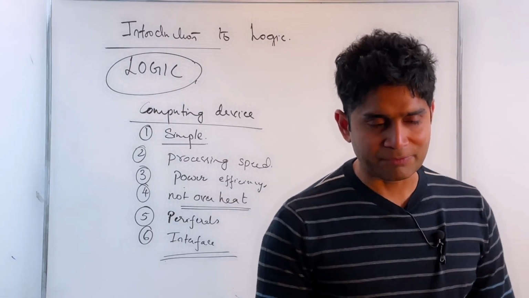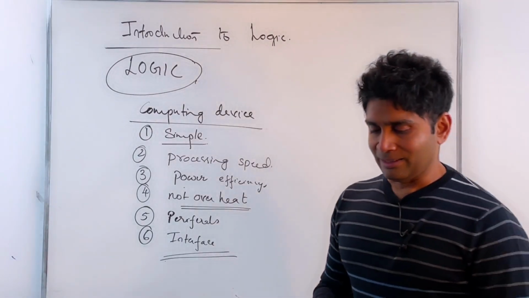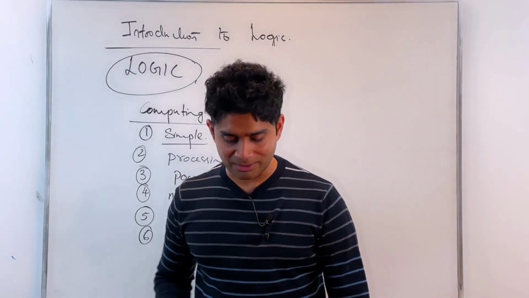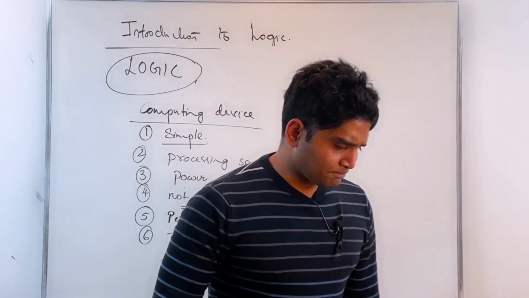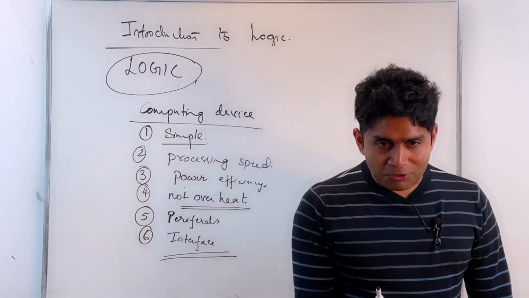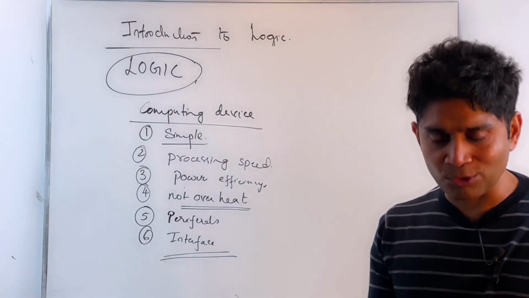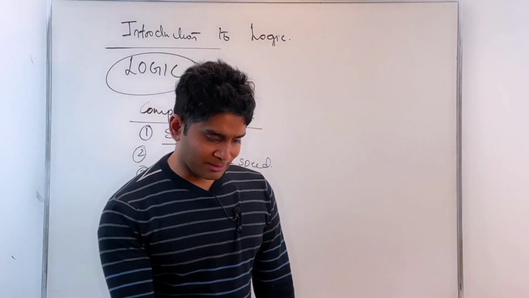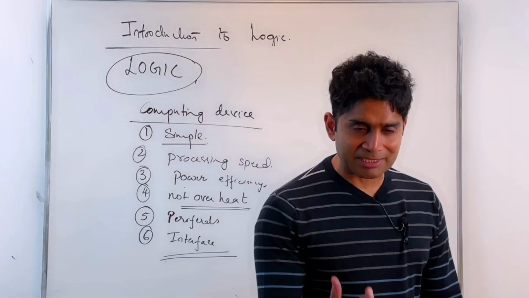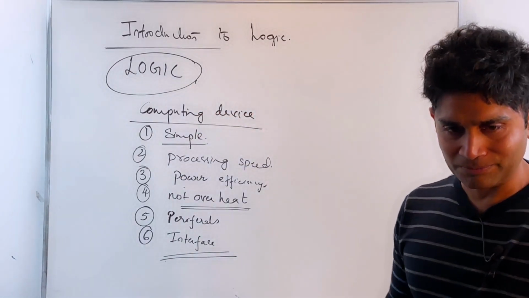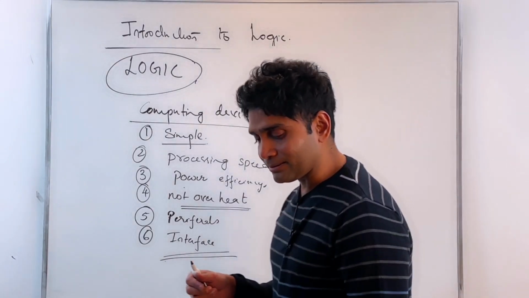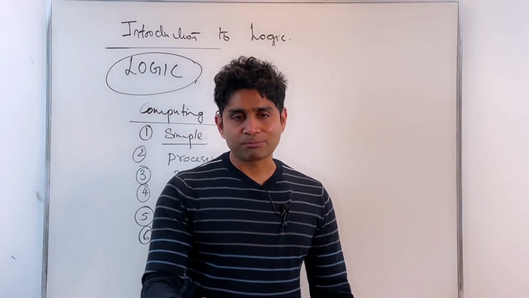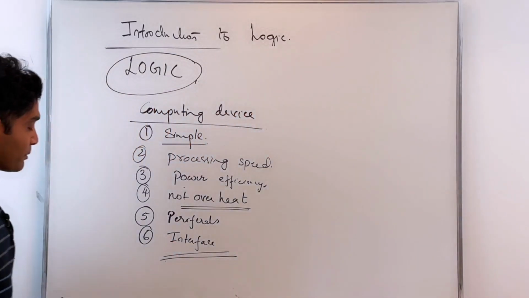Even if you give it to a 2-year-old child, he'll figure out how to use it just by using finger swipes. But what goes on behind the screen is much more complex, right? With every swipe, the computing device has to figure out exactly what the kid is trying to do. So the complexity at the back end increases, but from the user point of view, of course, we want to make it simple.